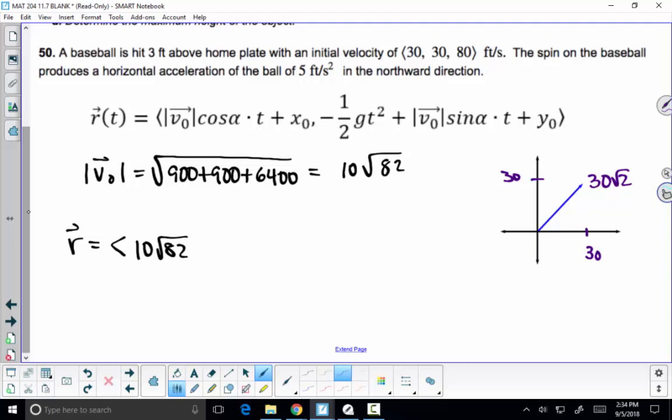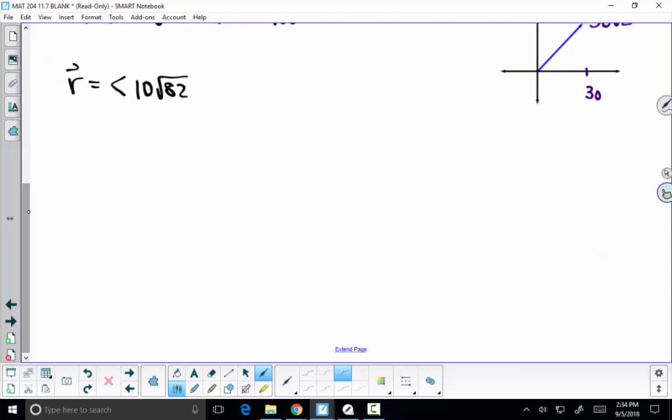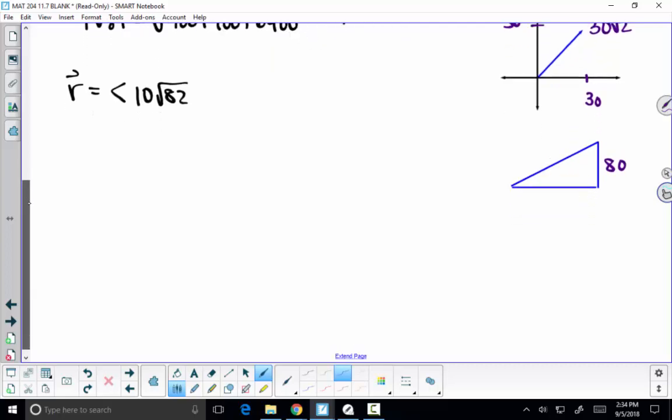Now the triangle that we're looking at is a little different, correct? So now we're going to use that as the diagonal. We're just looking at it as a triangle now. Did we say the vertical piece was 80? Yeah. Probably not to scale here, but the vertical piece is 80 and the 30 root 2 is here.